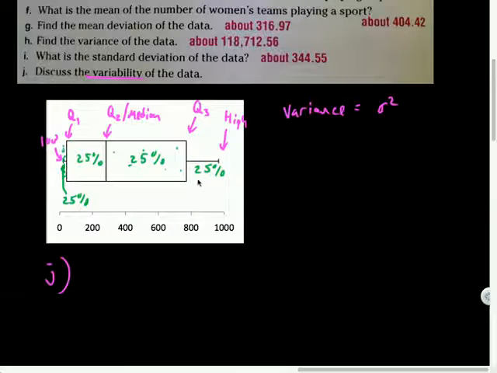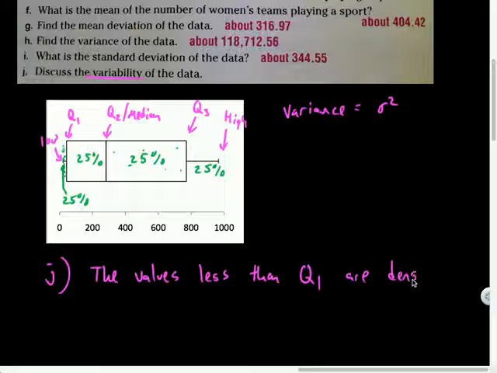So what I would say is that the value is less than quartile 1, and Q1 are densely populated. I'm not sure if I need another E on that. There we go.